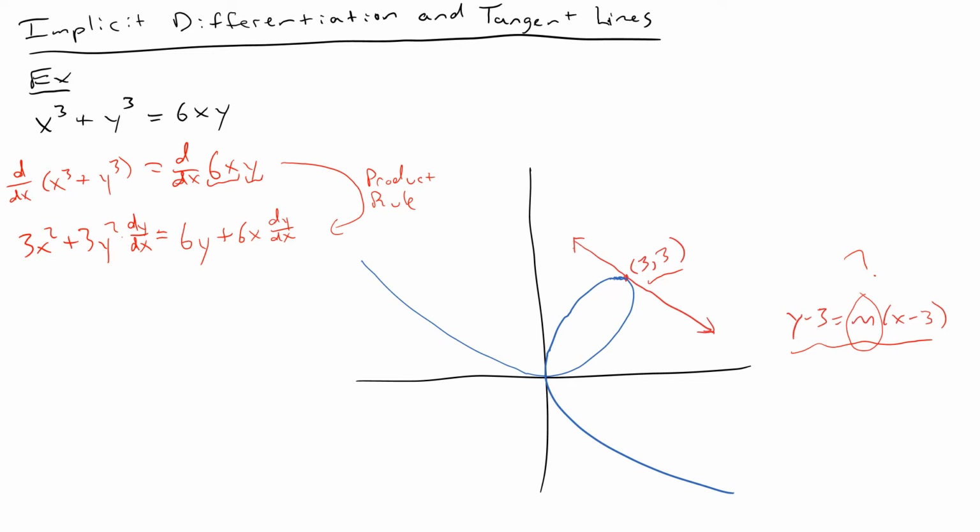Now that we've taken the derivative of both sides, in the previous video that you watched with examples of implicit differentiation, what you would do next is solve this equation for dy/dx. I'll mention here that we could technically stop at this point and figure out the slope of the tangent line by just taking our x and y values and plugging them in anywhere we see an x or a y.